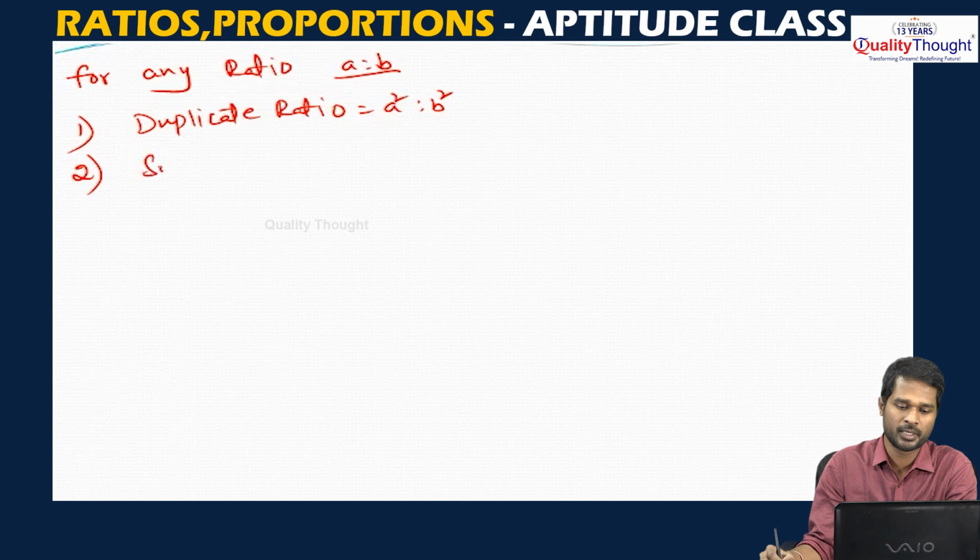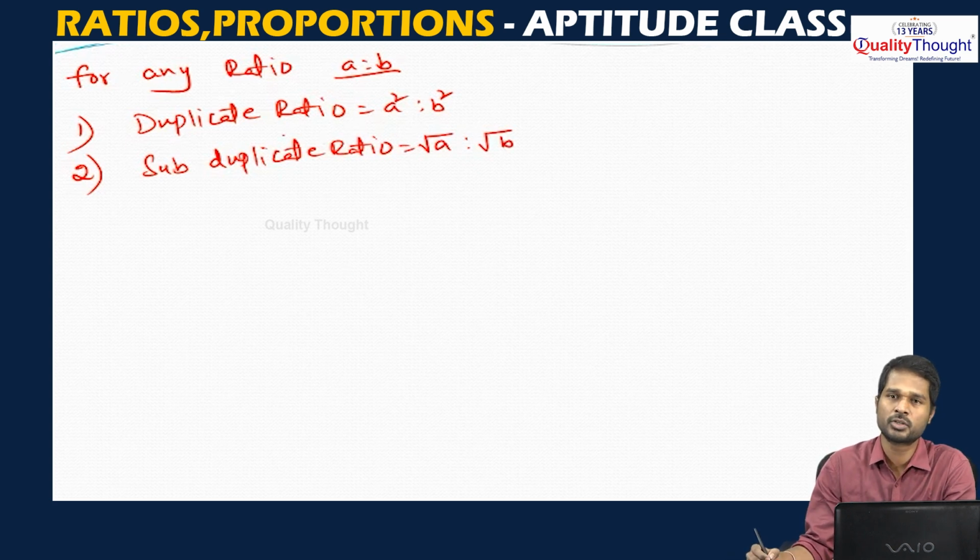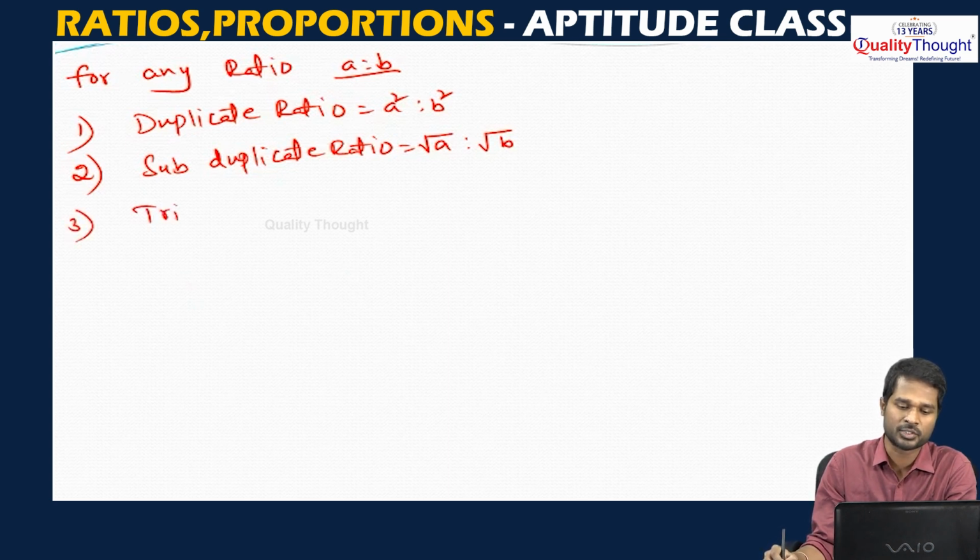The sub-duplicate ratio of A is to B is square root of A is to square root of B. So the duplicate ratio is just squaring the given values. The sub-duplicate ratio is taking the square root of it. The third one, the triplicate ratio of A is to B, is A cube is to B cube.